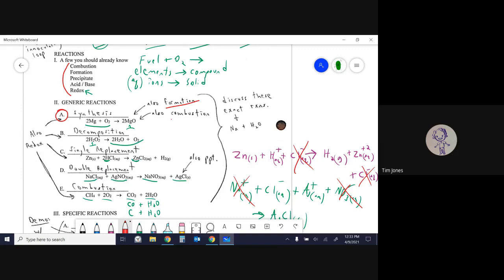It's also combustion because magnesium's the fuel and oxygen's oxygen. It's also redox because if you look at the oxidation state, they're both 0 on the reactant side, and then on the product side, magnesium's +2 and oxygen's -2. So it fits into many categories: redox, combustion, formation, and synthesis. And you can look at it whichever of those you find the most useful.